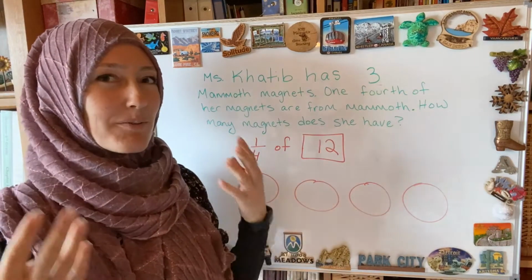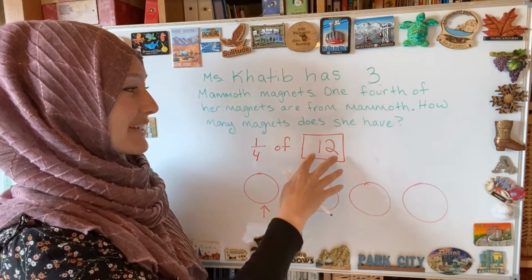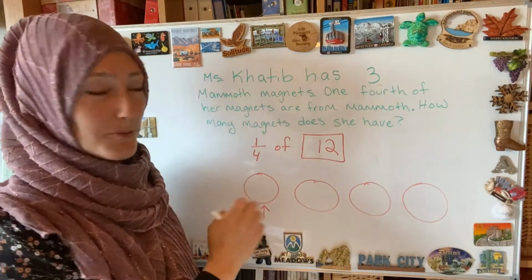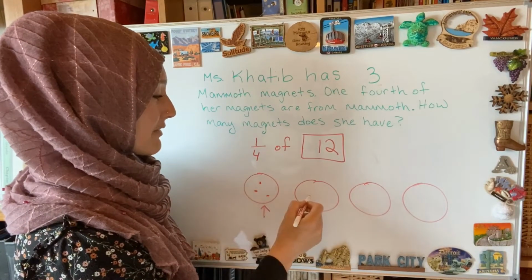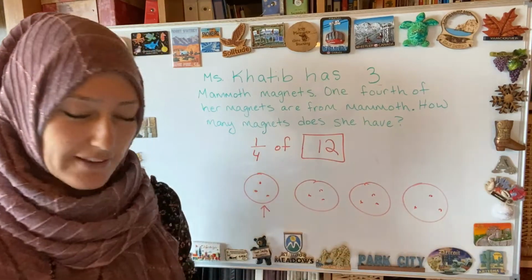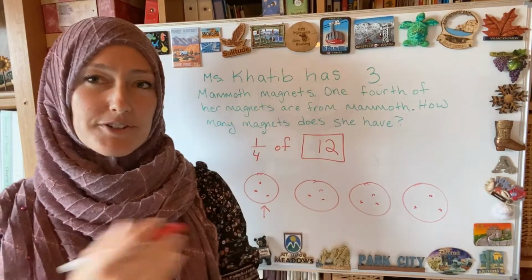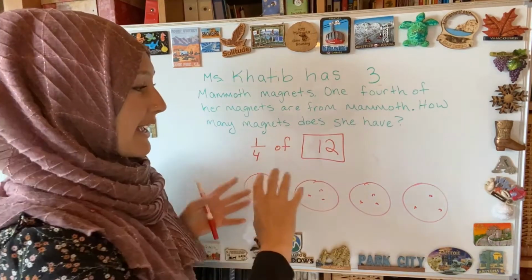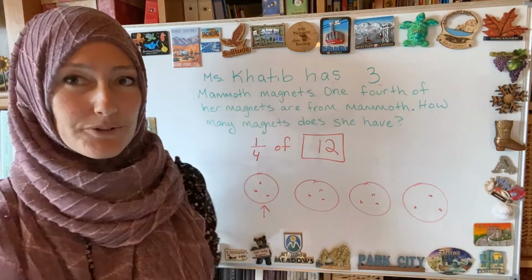So I'm thinking what's really happening is 12 divided into 4 groups, which is going to be 3 in each group. So the last lesson and this lesson are really the reverse of each other. So we're either finding how many are in the group or how many are total.